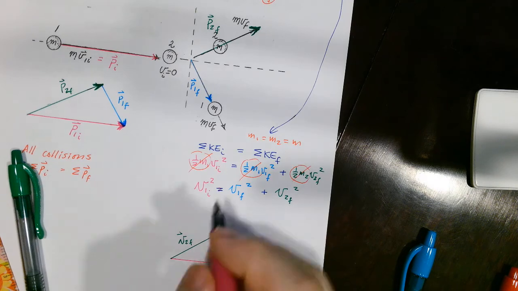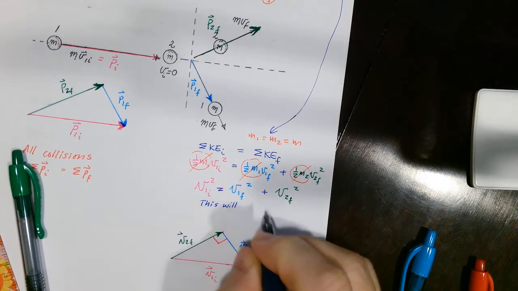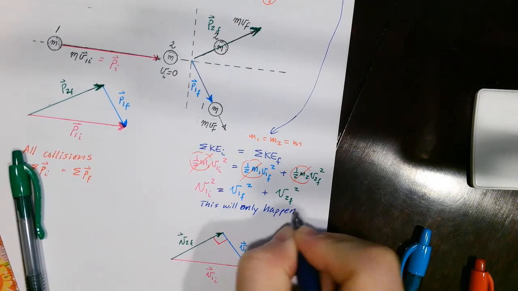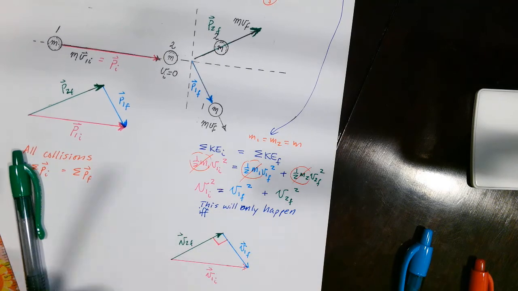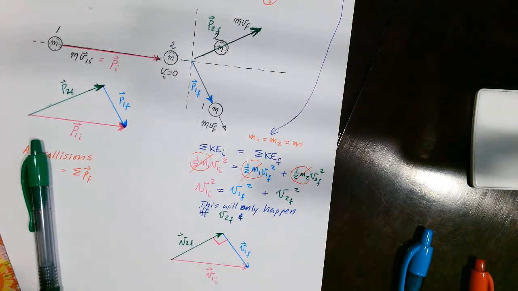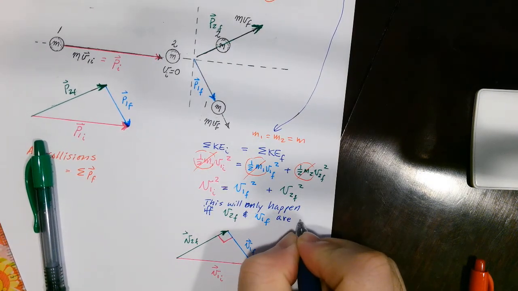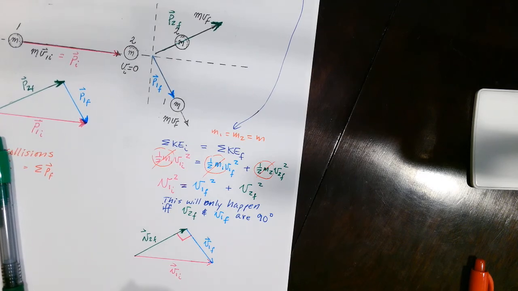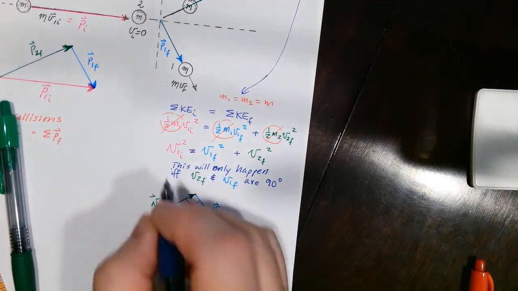So this only happens if and only if v1 initial, v2 final, and v1 final are perpendicular. This is the Pythagorean theorem, basically.